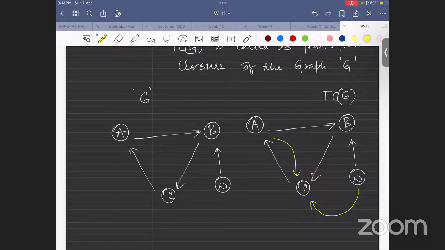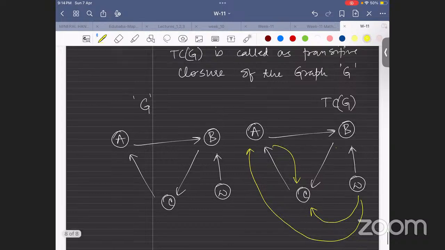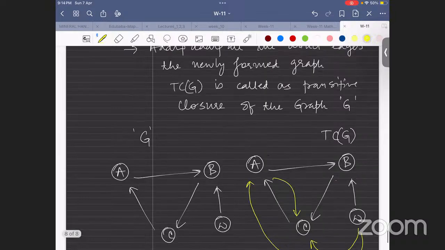You can reach it: D to B, B to C, C to A. Correct. So those three. Anything else that you can think of? I guess three only. Now can you do it for this plot?